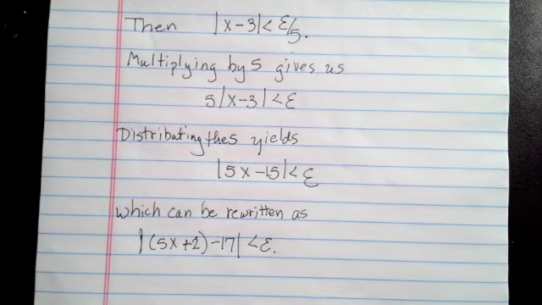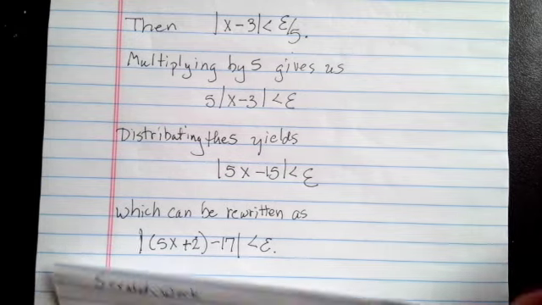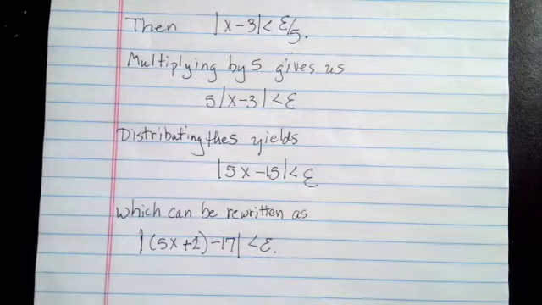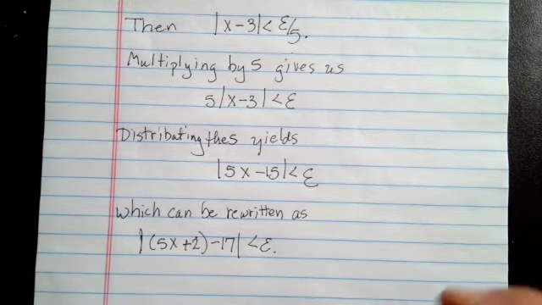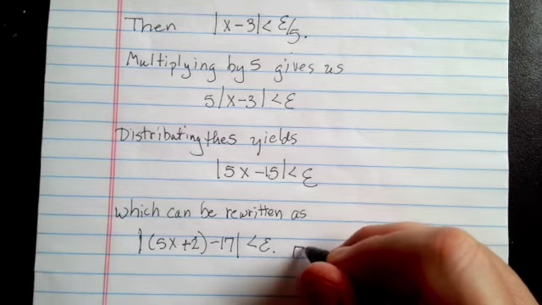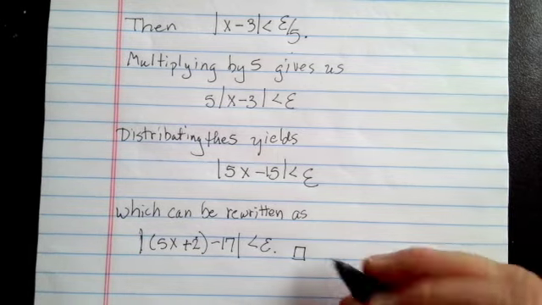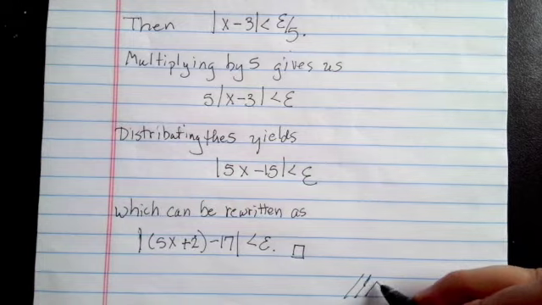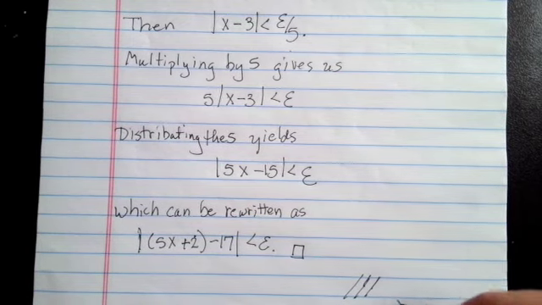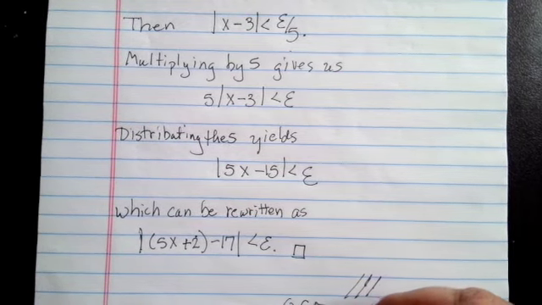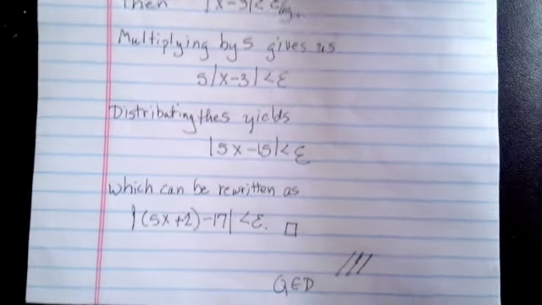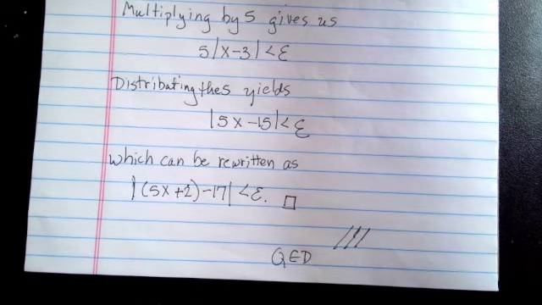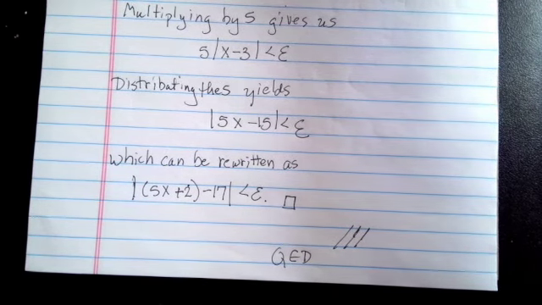And that's what we needed to show. Right, we needed to get back to right there. And that's where we are. We're done. We can indicate the end of the proof with a little box like that, or you could use a symbol that looks like that, sort of 3 slashes, or you could just use the old standby QED. Any of those 3 will work. Putting in all 3 seems to be a bit much.